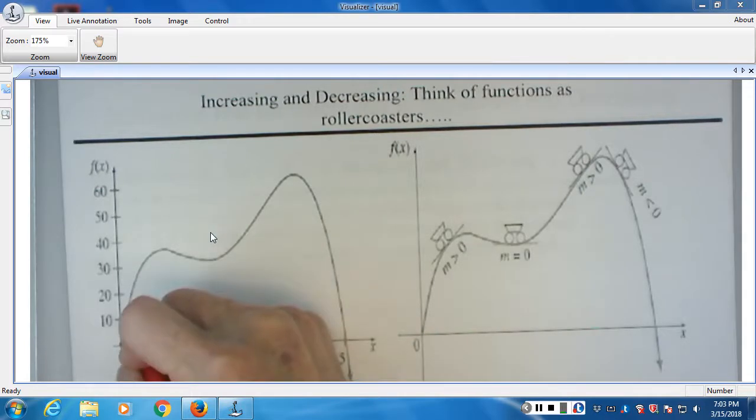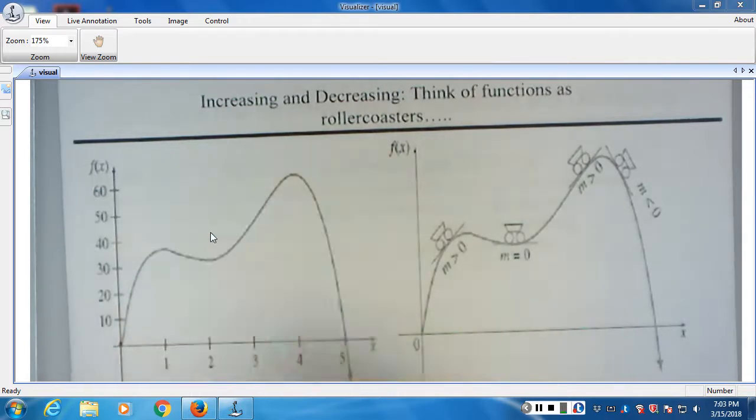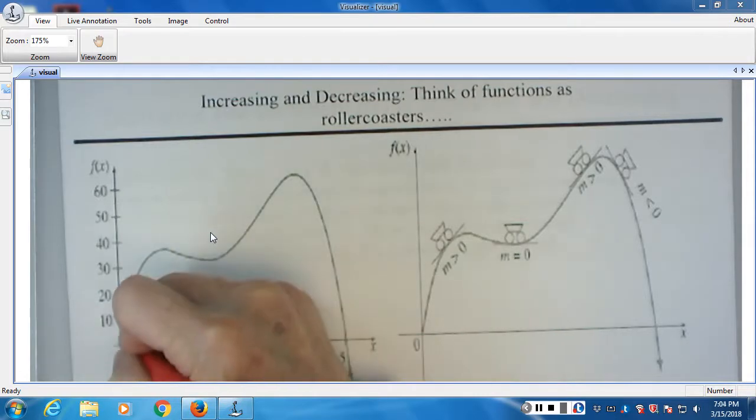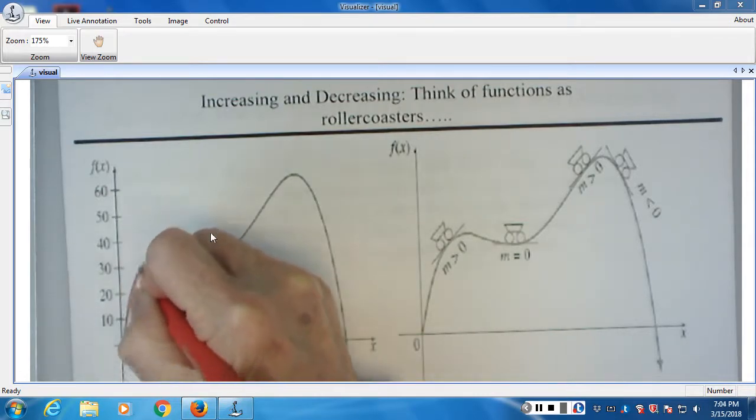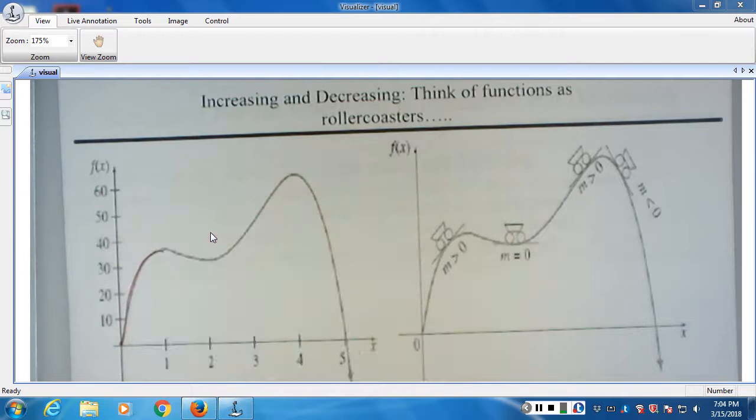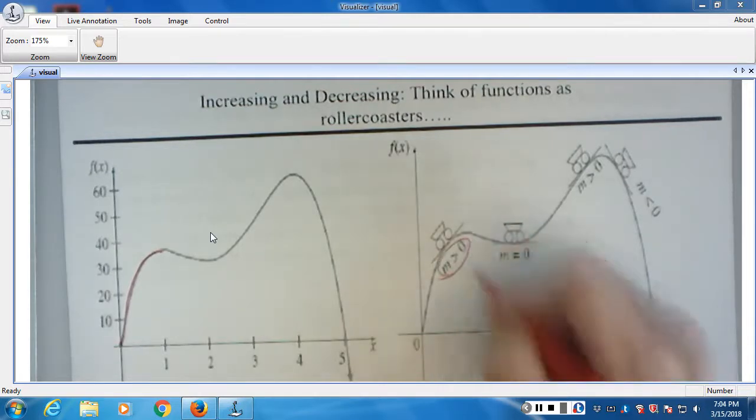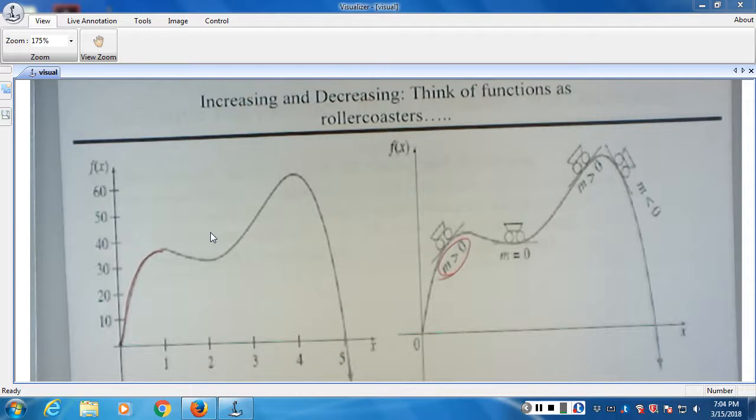For the first little bit of the ride, what's happening? Yeah, you're increasing your height. You're increasing your distance from the x-axis. So the roller coaster is going uphill, okay, which is what it's telling you here. You're increasing. Now, at some point, it's going to get to the top of that hill.